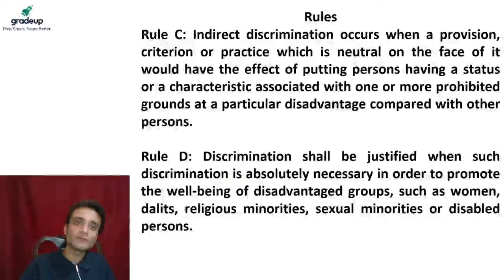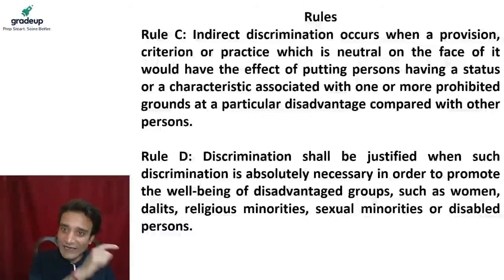Okay, let's read Rule C. Indirect discrimination occurs when a provision, criteria, or practice which is neutral on the face of it would have the effect of putting persons having a status or a characteristic associated with one or more prohibited grounds at a particular disadvantage compared with other persons.